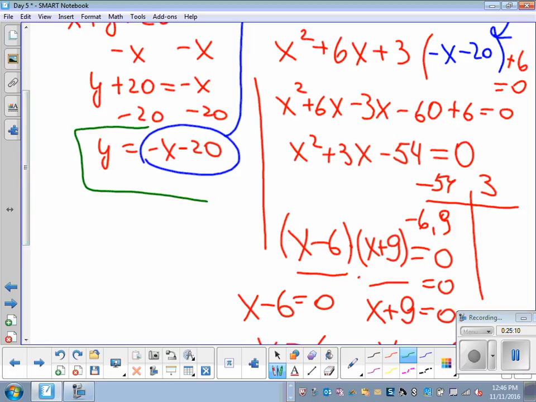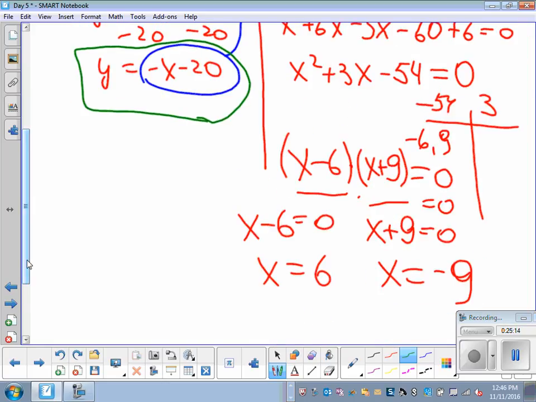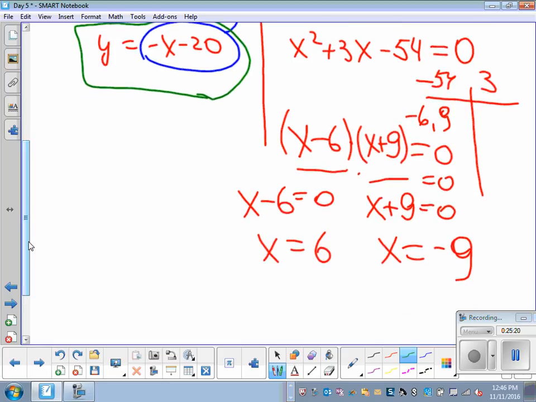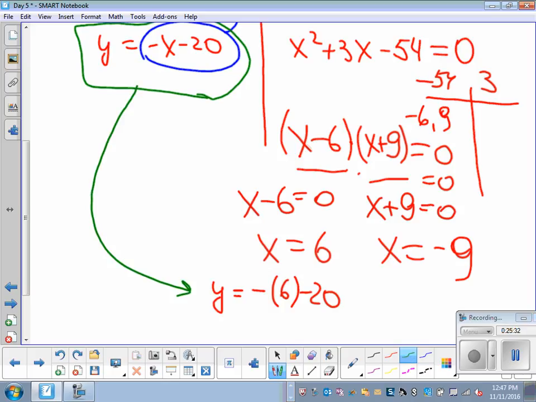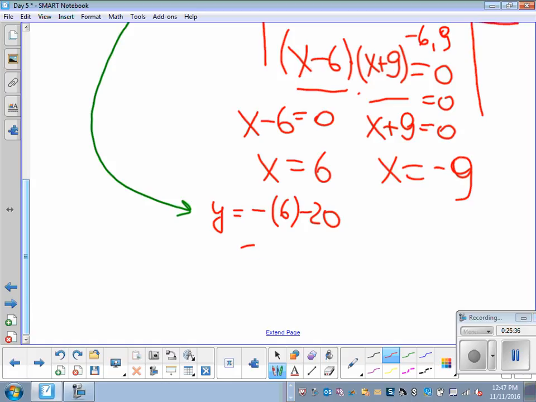Whenever I isolated y, I can use that now. So if x equals 6, then y equals negative x, so negative 6 minus 20. I took this one and just solved, and that gives me y equals negative 6 minus 20, negative 26.